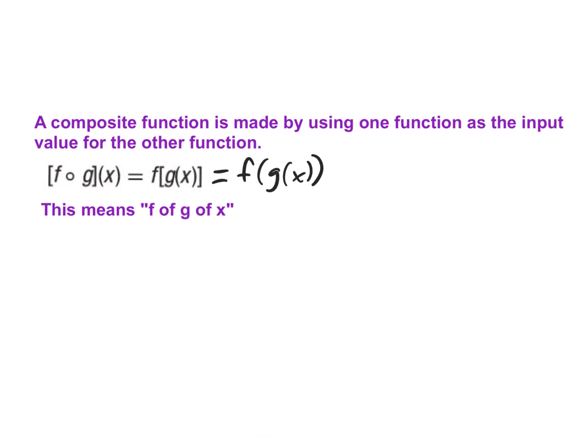All three of these things mean the same thing, and you need to know how to use them interchangeably. Don't be confused with the closed circle that we looked at yesterday that meant multiplication. This is an open circle, and it means a composite function, f of g, and it's of x. All the functions are going to be in terms of x.